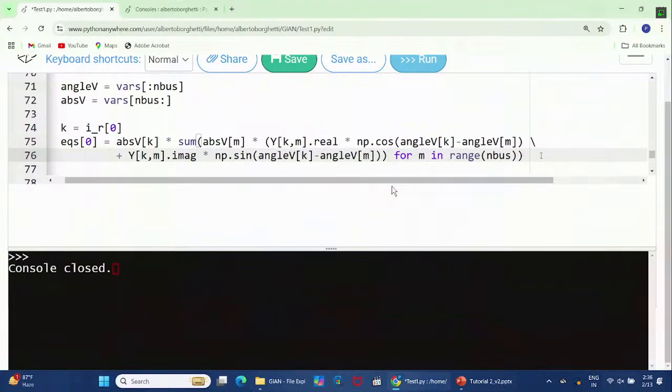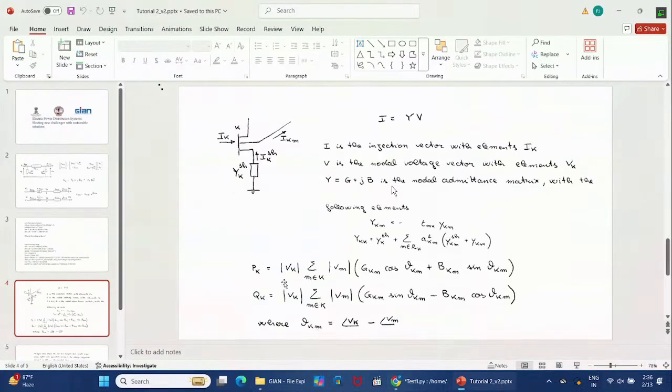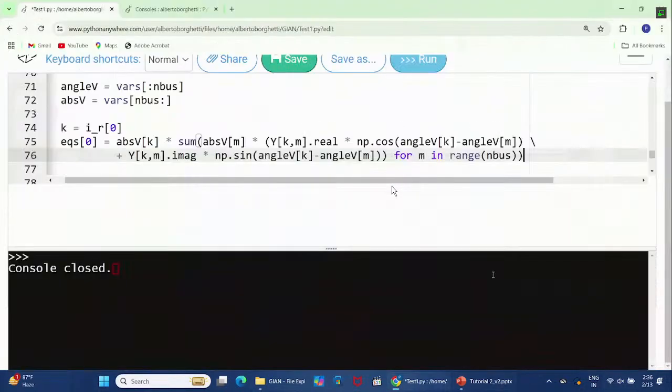And we have not finished. We have written entirely this equation, but our equation is not really the equation. It is the so-called residual, the error with respect to the value that we wish for the active power in bus 2, the receiving bus, that needs to be the power of the load.